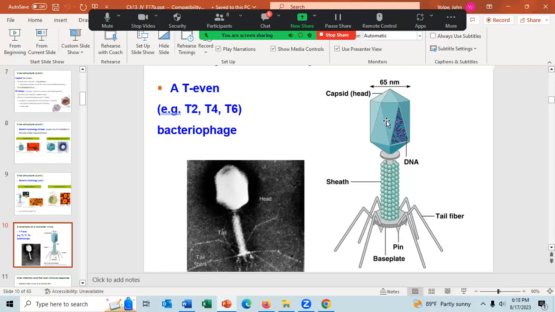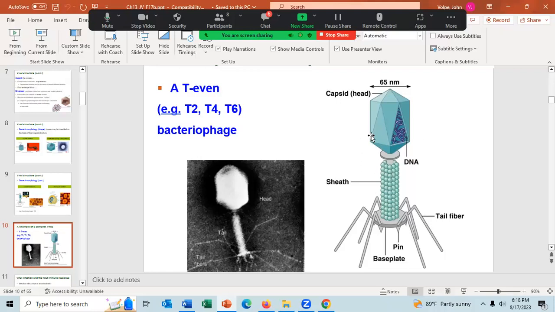It does not carry the genome of the virus, but you can see that the head has a different capsid than the sheath of the tail or the inside portion of the tail. And that'll be a different protein than the pin and the base plate of the tail. And that will be a different protein than the tail fibers will be constructed of. So this has different capsomeres or different proteins that make up the capsid of this virus.